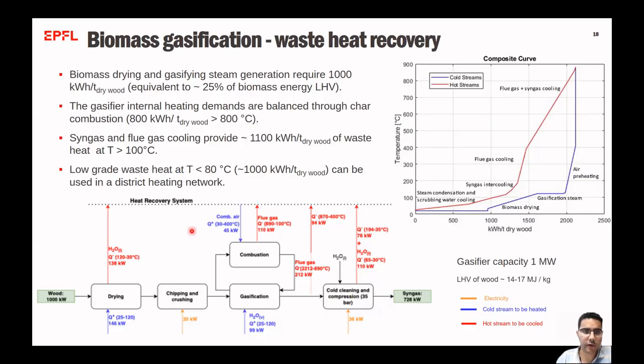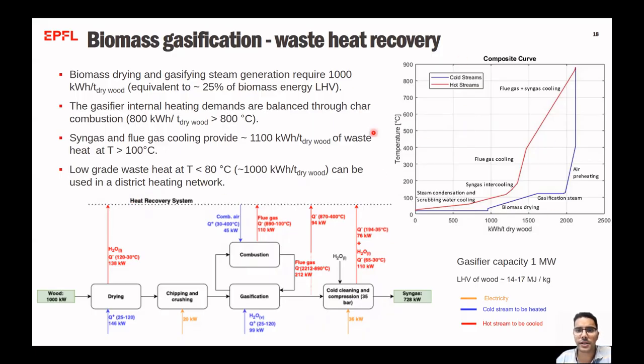As we said before, the use of a separated combustion chamber is interesting because then we don't dilute the syngas that is produced with the flue gases, but the flue gases are also a source of waste heat that can contribute to the heat recovery system of the full gasification process.